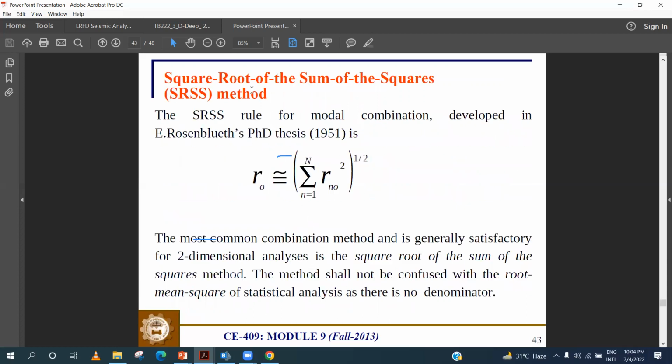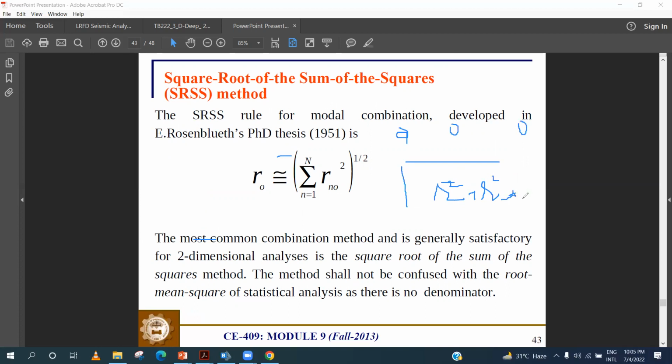One is the square root of the sum of the squares. What you do is you take the response and take the square of that response, then sum all the responses, for example from one mode, from the other mode, from the third mode.